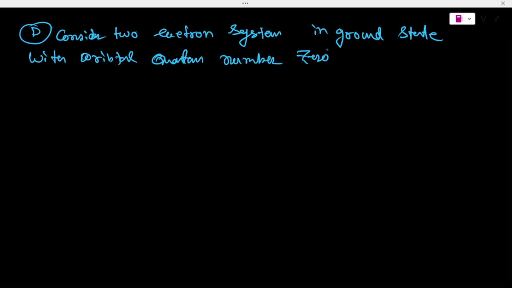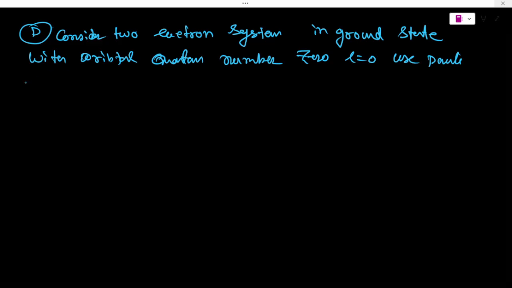This is the orbital quantum number, where it's given that L is equal to 0. Use Pauli's exclusion principle.